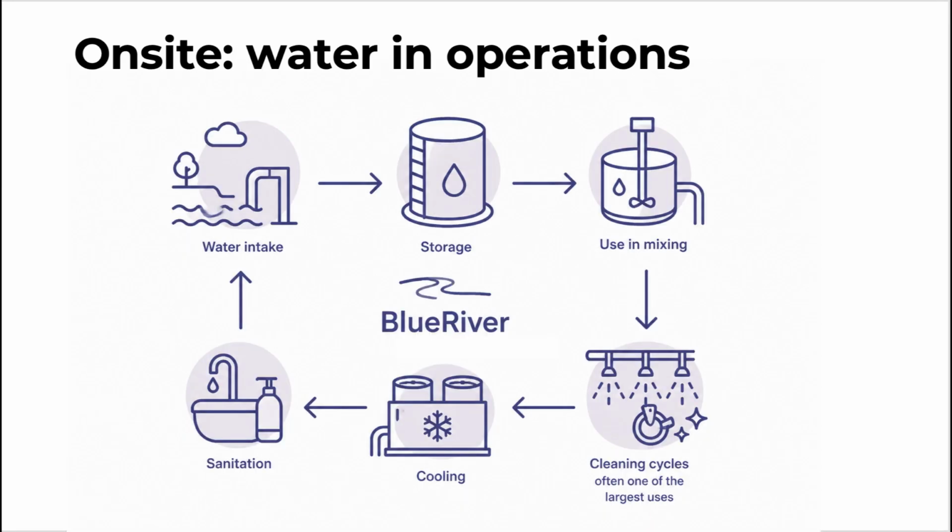Then we move on-site. This is where water becomes visible. Water intake, storage, use in mixing, cleaning cycles, often one of the largest uses, then cooling, sanitation. This is where most organizations focus, but it's not the whole story.